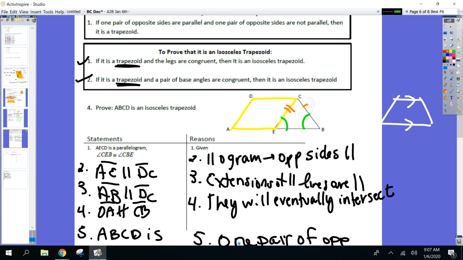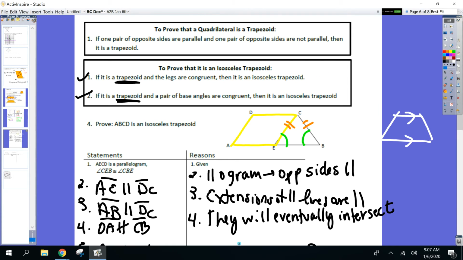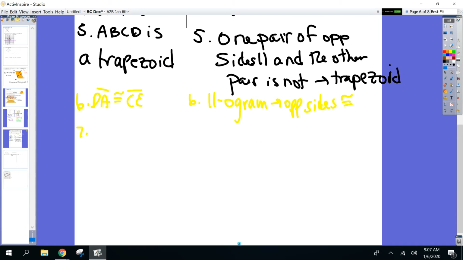CE congruent to CB. That is a correct statement. Was it CE and CB? Why back there, young one? Yep.